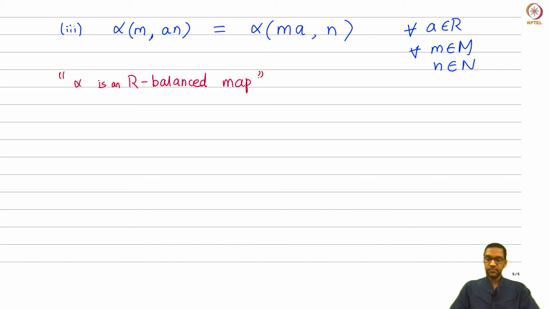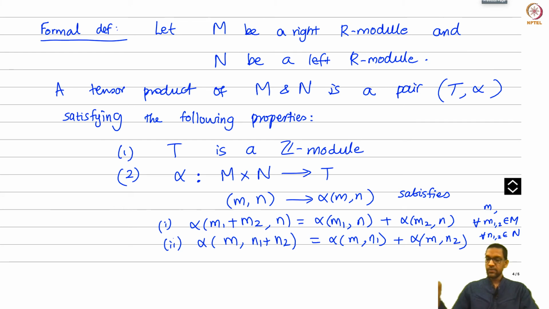Meaning it's bilinear in the sense that m1 plus m2 and n1 plus n2 will give you the expected answer, but this new property, that this a can be moved across from the second component to the first component, is this notion of being balanced. So in this terminology, a tensor product of M and N is a pair T comma alpha.